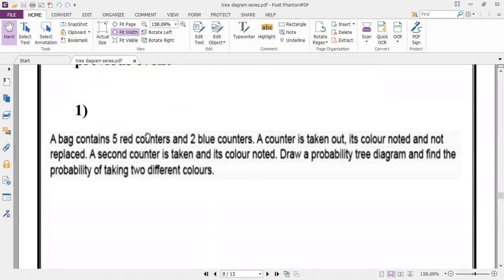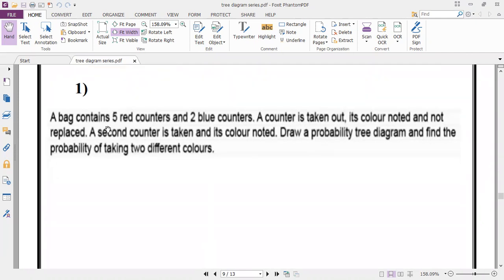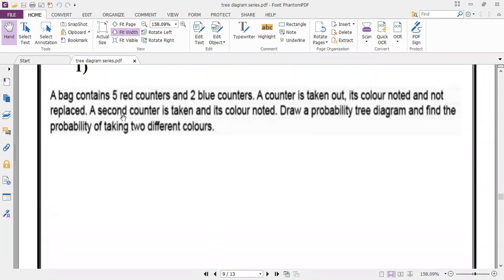Okay, let's read this one. A bag contains 5 red counters and 2 blue counters. A counter is taken out, its color noted, and not replaced. So we have 5 red, we have 2 blue.